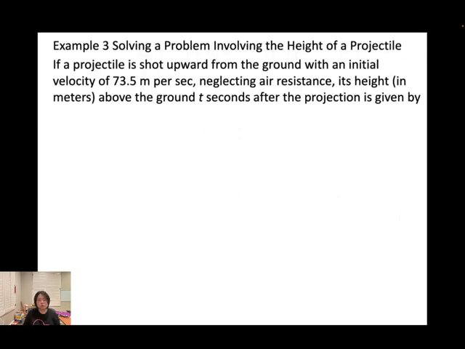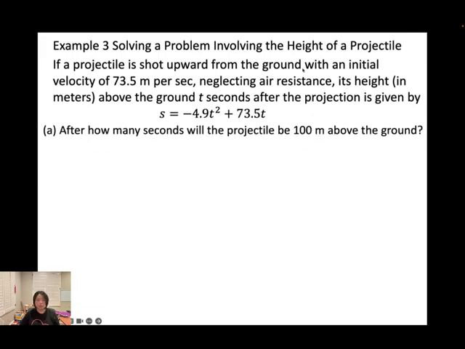If a projectile is shot upward from the ground with an initial velocity of 73.5 meters per second, negating air resistance, its height above the ground t seconds after the projection is given by this equation. Part A: after how many seconds will the projectile be 100 meters above the ground? 100 meters is talking about the height of the object.